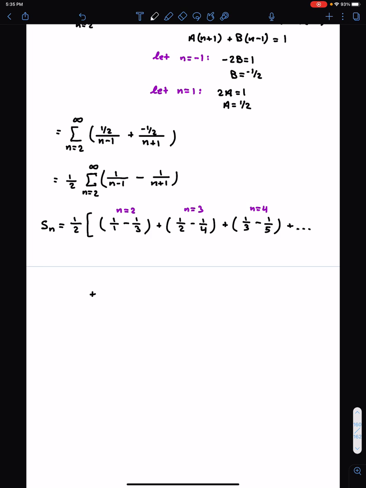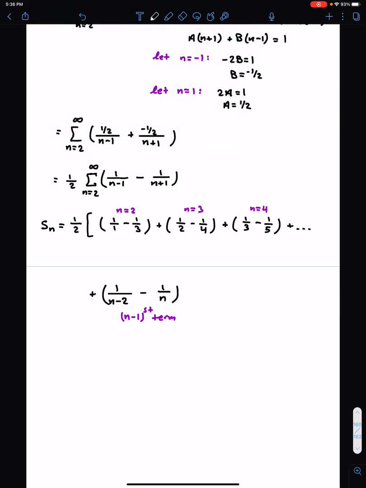the n minus first term is 1 over n minus 2 minus 1 over n. This is the n minus first term, or a sub n minus 1.